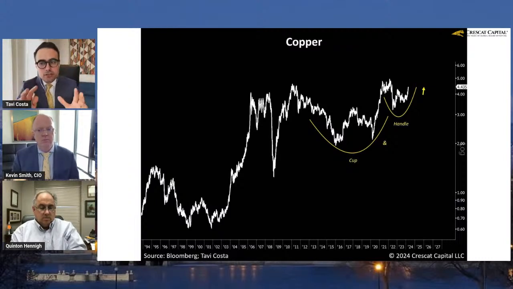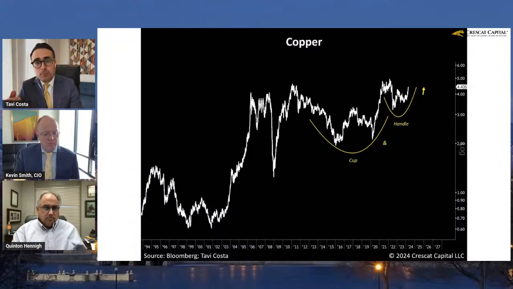But copper is a fundamental commodity that falls into this electricity demand and infrastructure and revamping of electrical grids. And it's likely to be one of the things that will be a way to express that view in markets today.